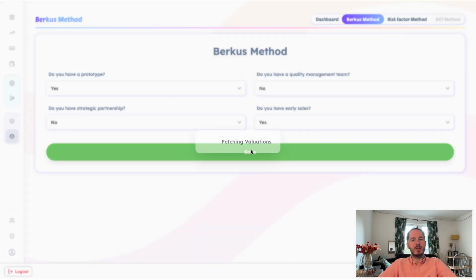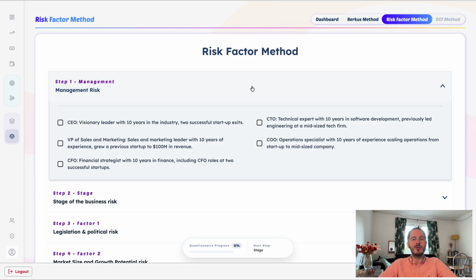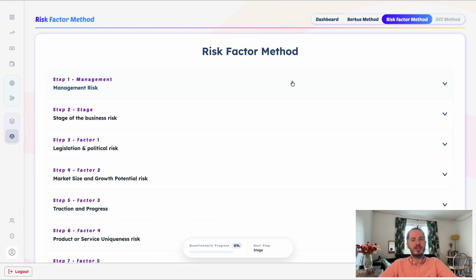The second method is the risk factor method, which is more detailed and goes deeper into the specific risks that could affect your business, but is done every time by analysts that work for investors or AI nowadays.